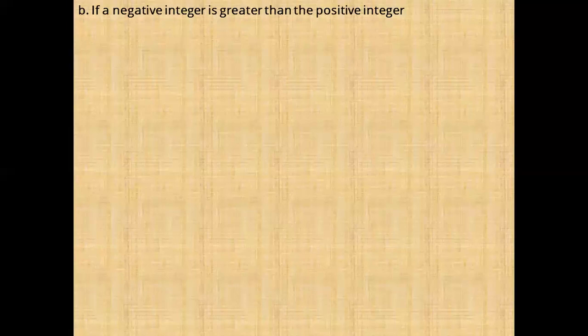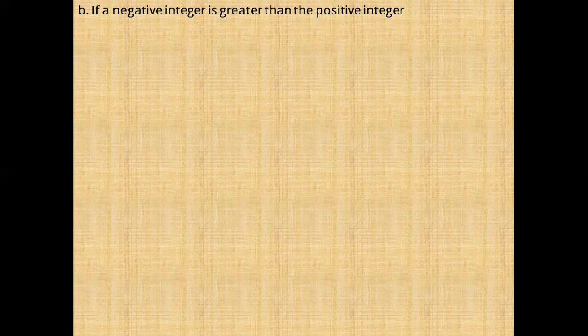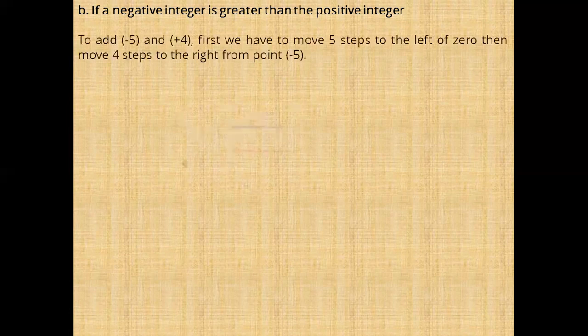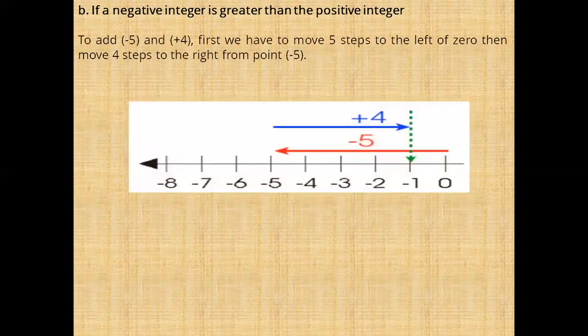Second one, if a negative integer is greater than the positive integer, to add minus 5 and plus 4, first we have to move 5 steps to the left of 0. So this is 0, 0 to minus 5, left side.